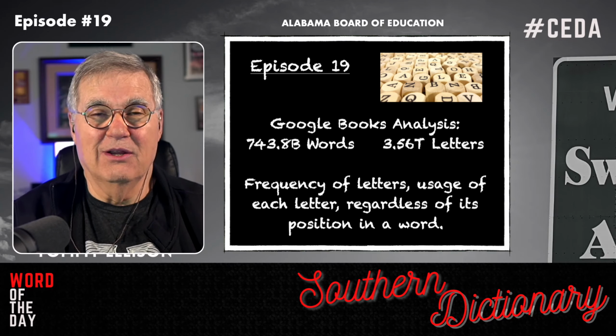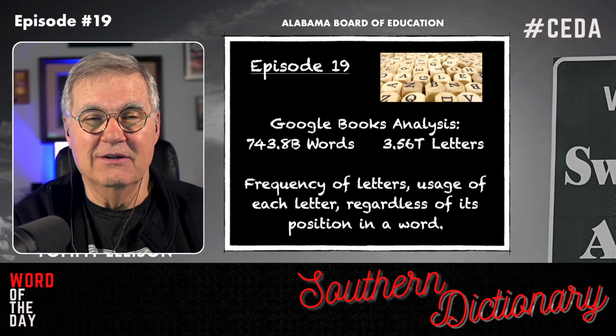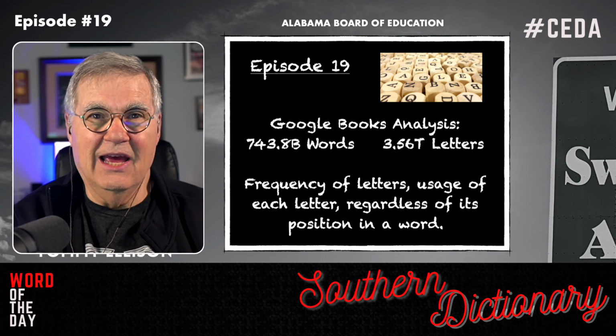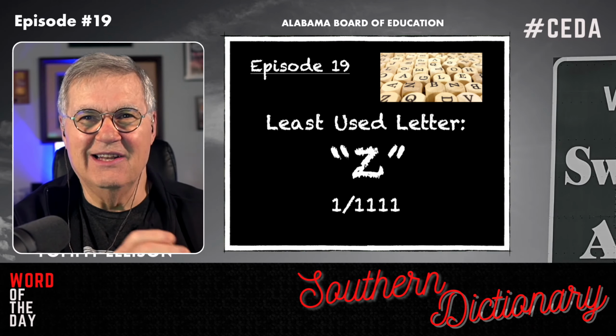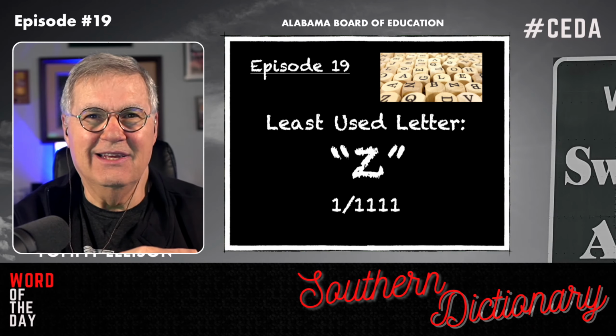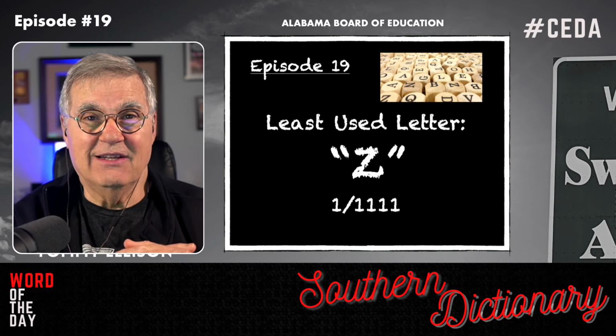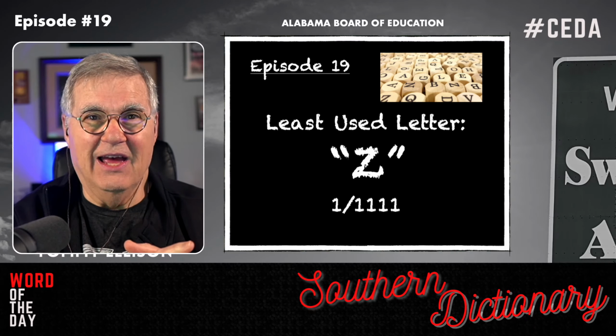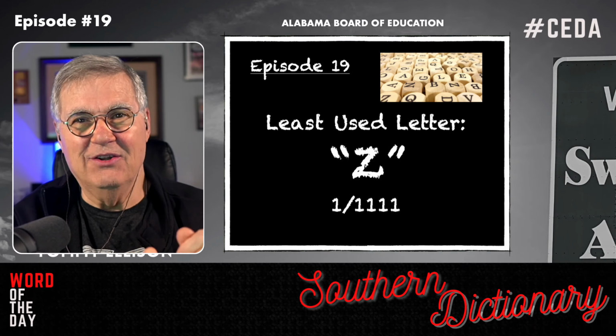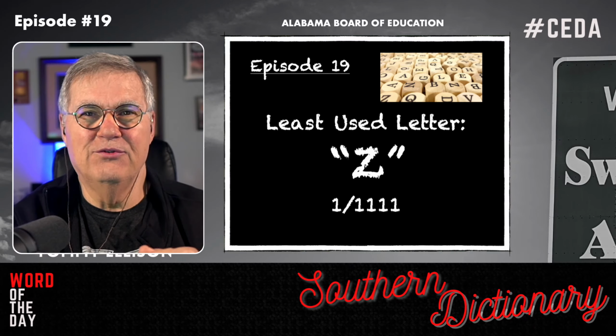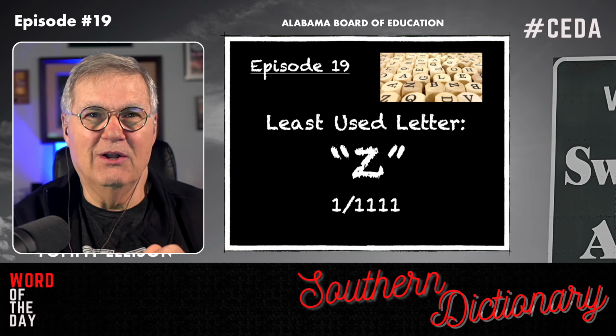So he would look at words that started with that letter, and words that just contained that letter. Probably no surprise to any of us, but he found that the least used letter in the English alphabet is the letter Z. In fact, he uncovered that for every 1,111 words, the letter Z would only be used one time.